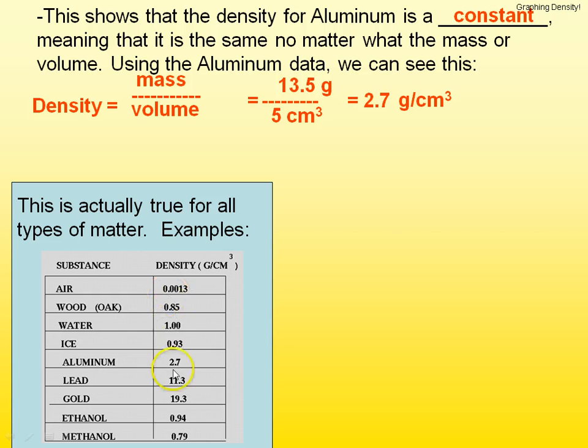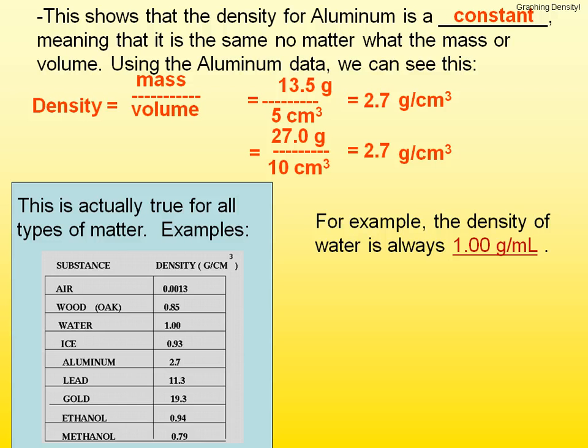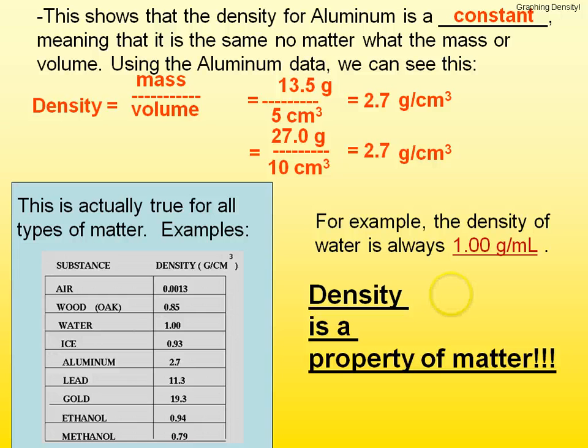And all these other substances have the same density no matter how much. Water, same way. There we go. For example, the density of water is always 1.00 grams per milliliter. So this is a big, big point. Okay? All right, so on your notes you have this is actually true for all types of matter.